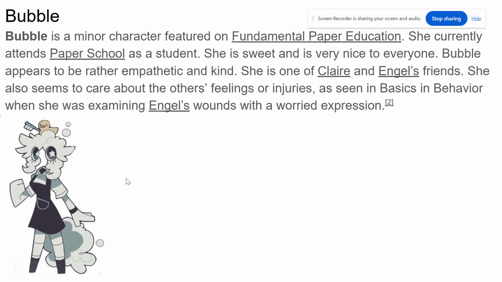Bubble. This is one of Claire's friends. Bubble is a minor character featured in Fundamental Paper Education. She currently attends paper school as a student. She is sweet and very nice to everyone. Bubble also seems to care about others' feelings or injuries, as seen in Basics in Behavior when she was examining Angle's wounds with a worried expression.